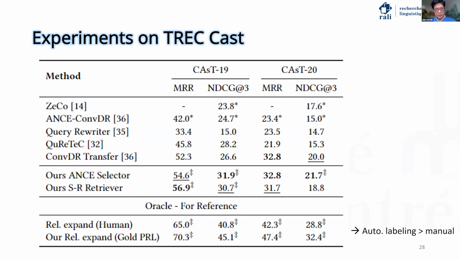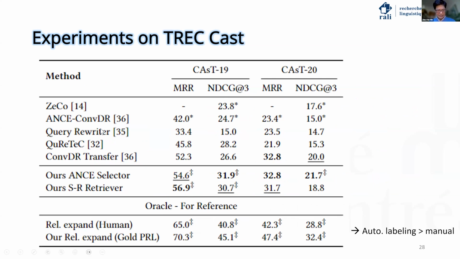And when we test on CAsT datasets, here are some of the results. So we have several other baseline methods. ANCE-conv-DR is a fine-tuned ANCE model based on the conversation dataset.